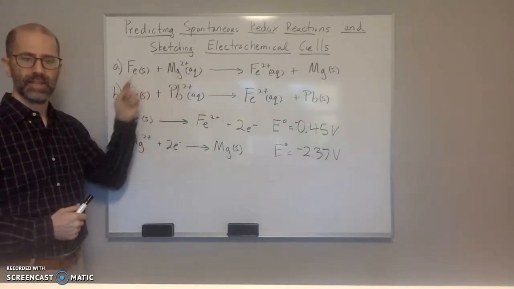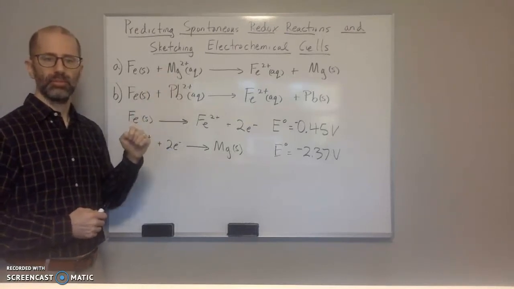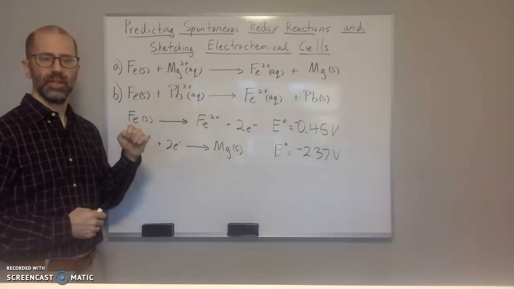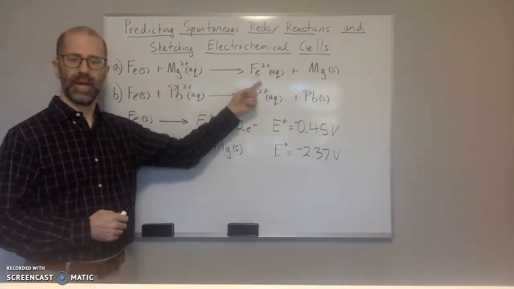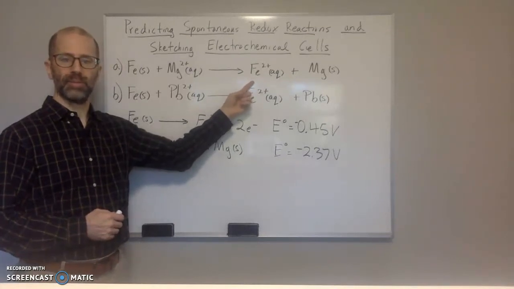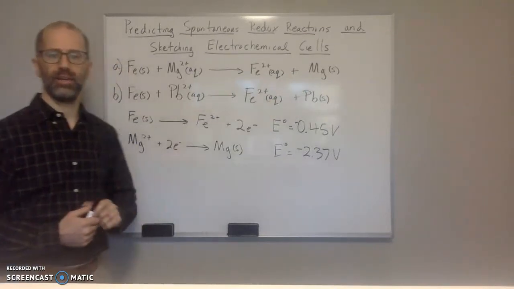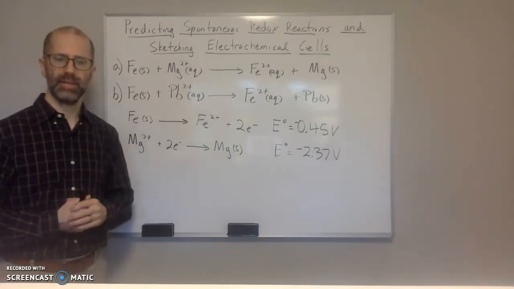So we've got solid iron reacting with magnesium 2 plus aqueous, and that's going to transfer electrons from the iron to the magnesium. So then the iron becomes 2 plus and the magnesium becomes a solid. So is this going to be spontaneous or not?